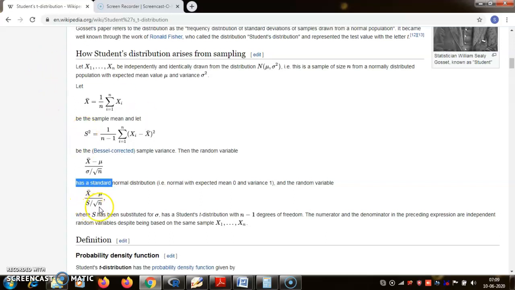I have already mentioned that when you don't know sigma, (x bar minus mu) by s by root n follows student t with n minus 1 degrees of freedom. So under the null hypothesis, mu equal to mu naught, we could use (x bar minus mu naught) by s by root n as the test statistic. Then this will follow student t distribution with n minus 1 degrees of freedom.